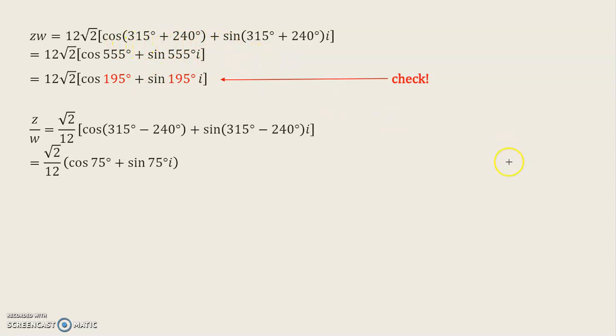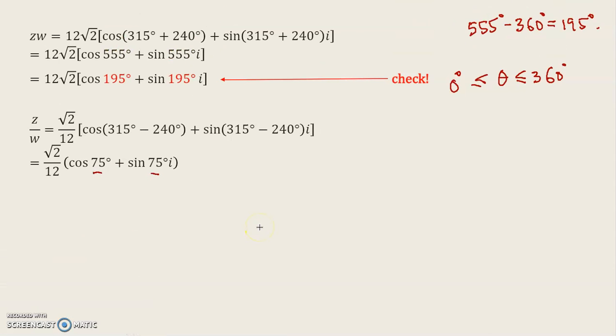This is what you have to check, because the argument theta must be between 0 and 360. When we add, we get more than 360, so we have to subtract. How did we get 195? We subtract 360 from 555, so we get 195. And this one is the quotient. The quotient we don't have to modify, because 75 is within 0 and 360.